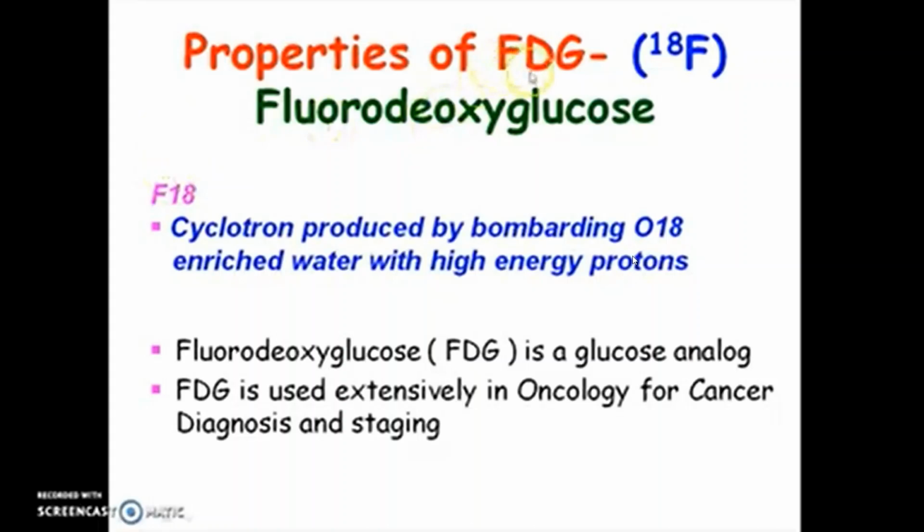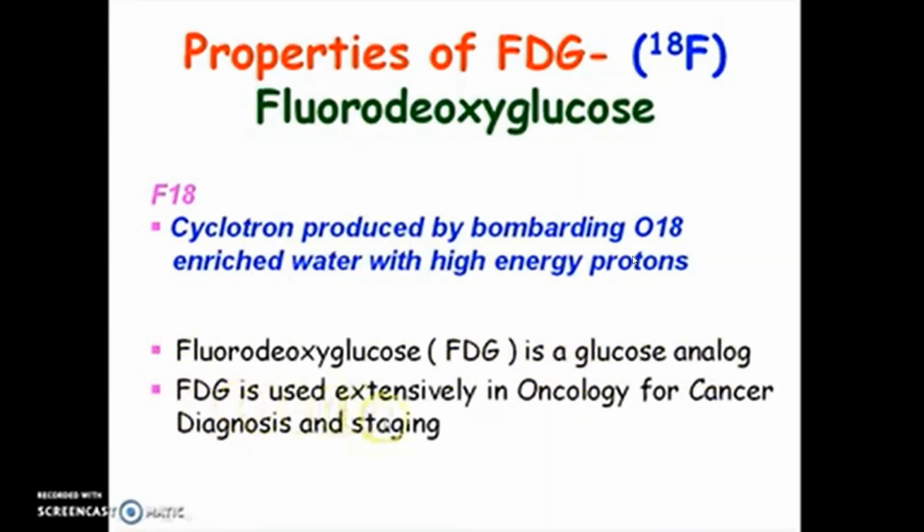The fluorine 18 is going to be mixed with the deoxyglucose, hence we call it fluorodeoxyglucose, FDG. As I said earlier, F18 is cyclotron produced by bombarding O18 enriched water with high energy positive ion particles. Fluorodeoxyglucose is a glucose analog.